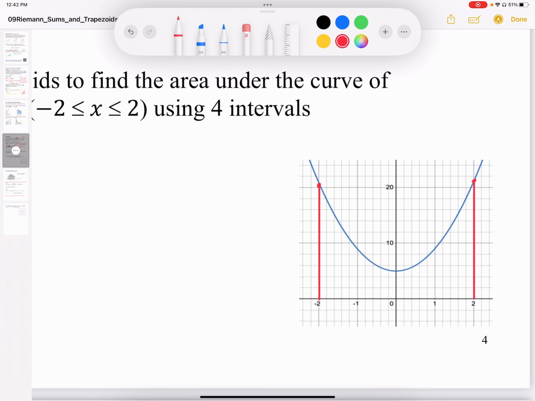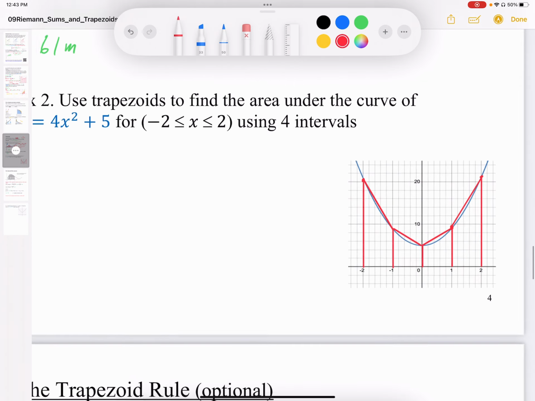And we're going to divide this into 4 intervals. So it looks like at every whole number, we're going to divide this into interval widths. And when I connect those points to make trapezoids, I get trapezoids that look like this. Okay, so those are my 4 trapezoids.